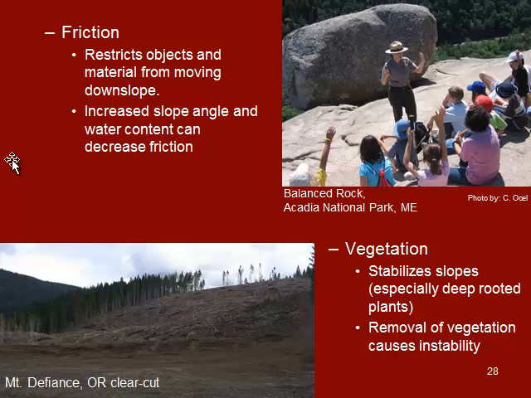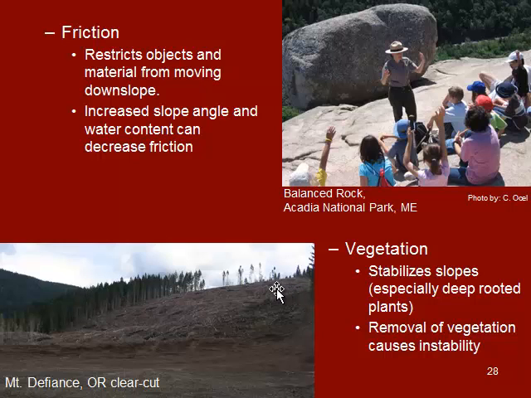So friction is going to resist the movement downslope. And then if we increase the slope angle and increase water content, the friction can decrease, and then we can have that material move.